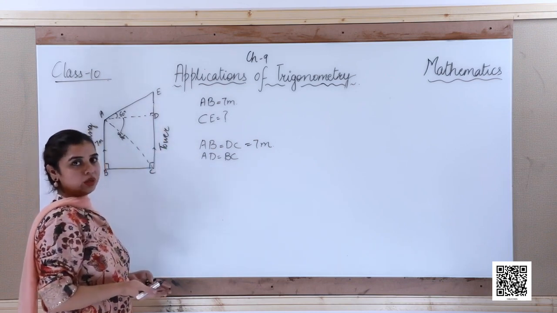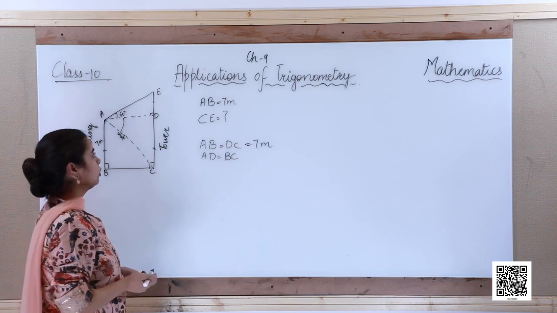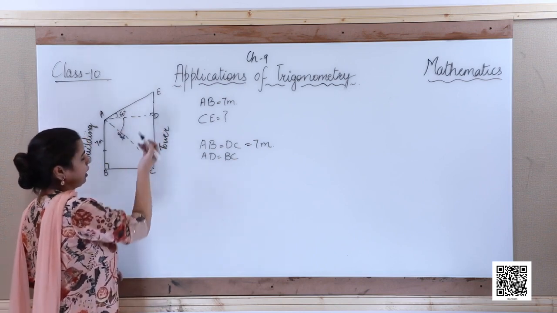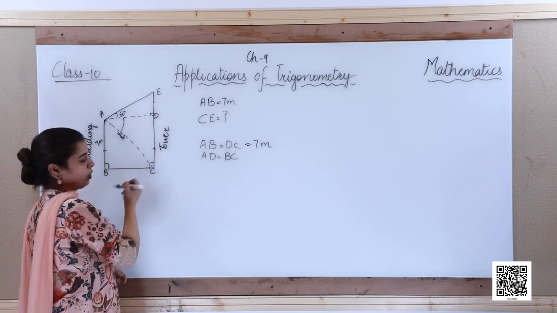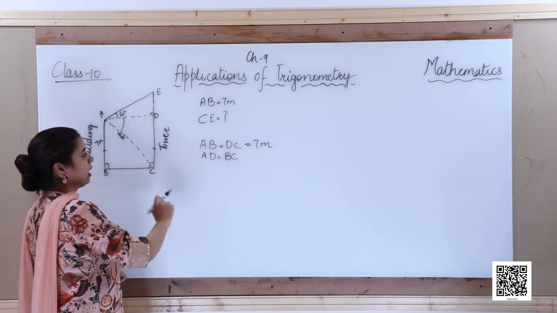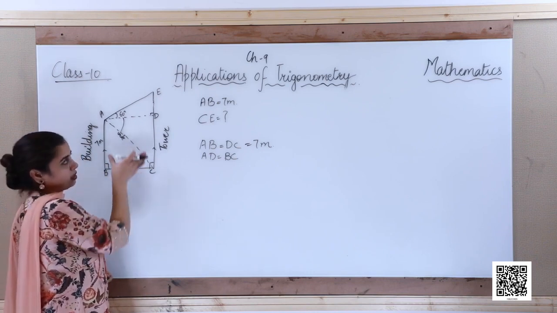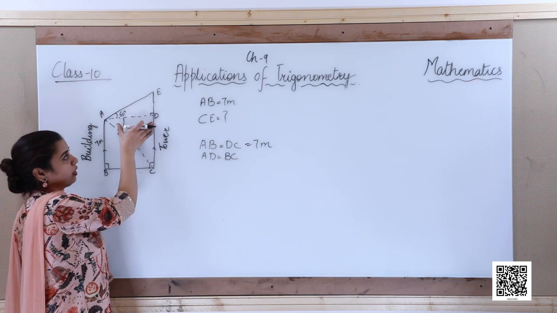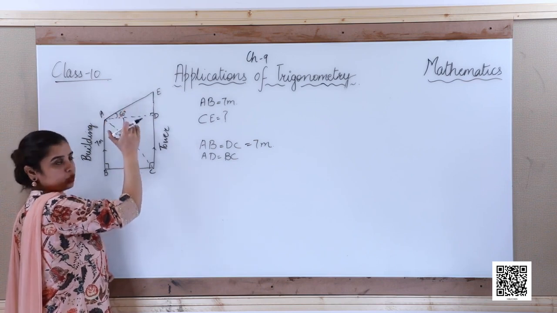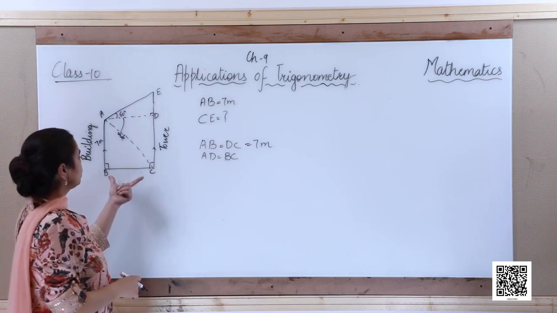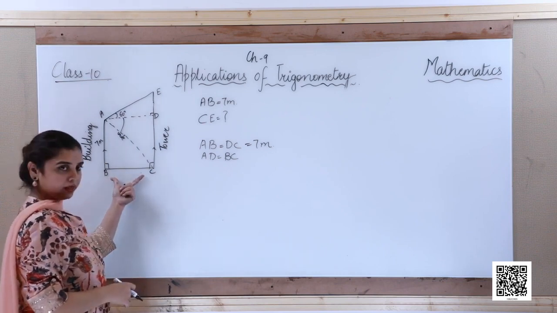That is the only case where we can apply a trigonometric ratio. Now how to find that part? Say we find AD. Now AD is equal to BC. This we have already written. So if we can somehow find BC, we will say that it is equal to AD, and then we can use the trigonometric ratio to find ED. So our strategy would be to start with finding BC.